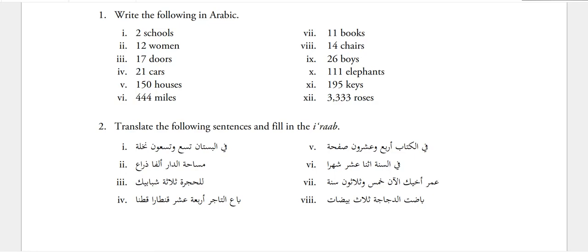Now translate the following sentences and fill in the i'rab. Fil bustani tis'un wa tis'una nakhlatan. Okay, we made one mistake in the roses here. The Arabic example says that if we are using a one separately with the number tens after 20, 30, 40, then we do not have to be similar in gender.